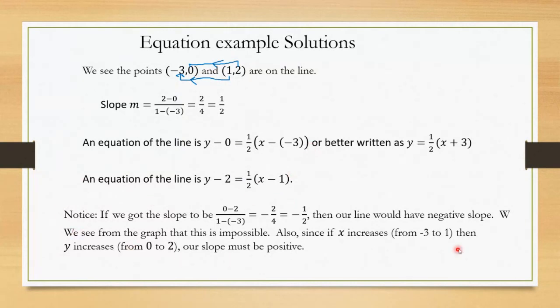If we got a negative number by messing up the calculation, if we subtracted in the wrong order in the top or the bottom, we would get a negative slope. But from the graph, that's impossible. Even if you were to look at the points without the graph, we can see that if we let x go from -3 to 1, the y values go from 0 to 2.